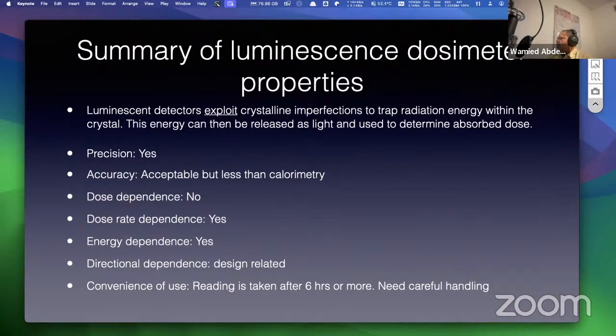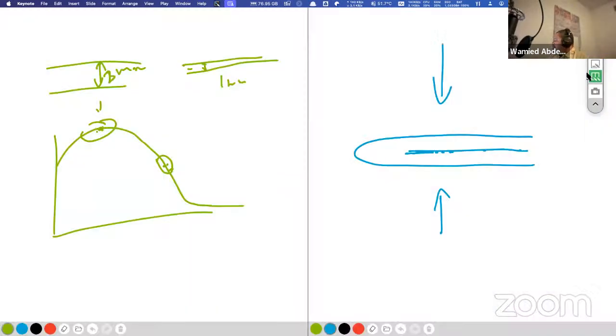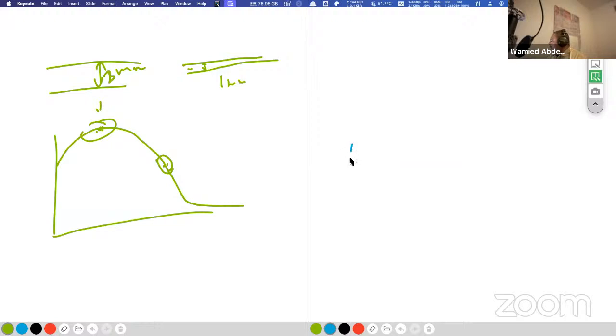These are called, I forgot their name, glow peaks. So it's a glow curve. If you have a TLD and you plot here temperature, and here the intensity of light, you will probably have a peak like this.